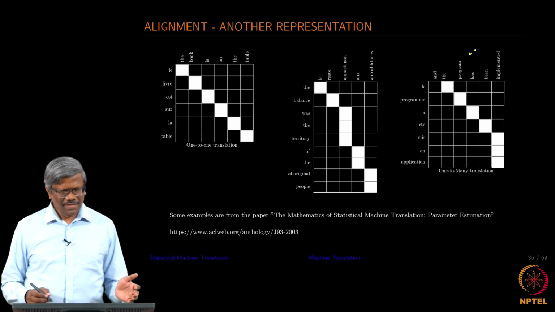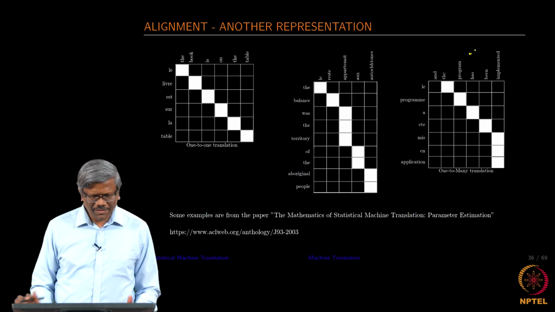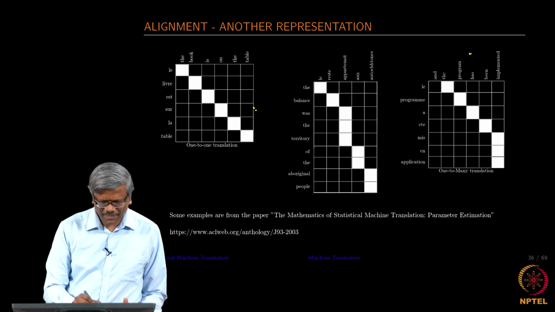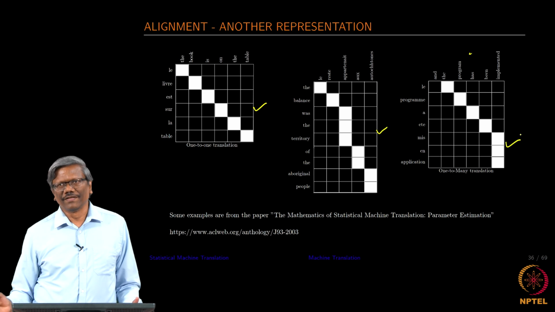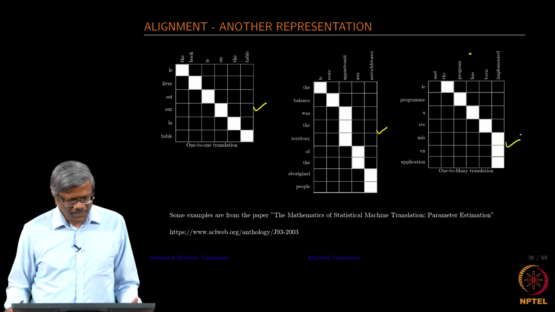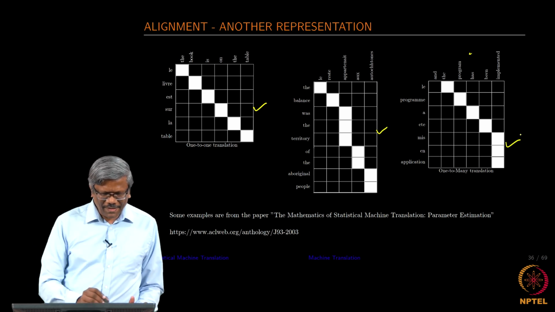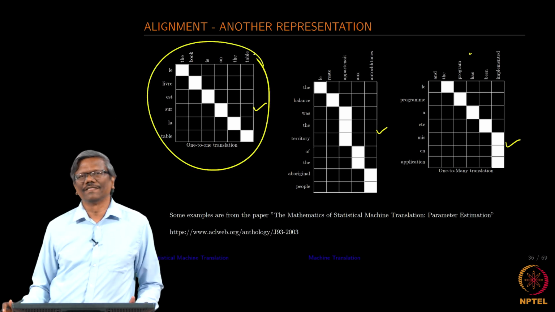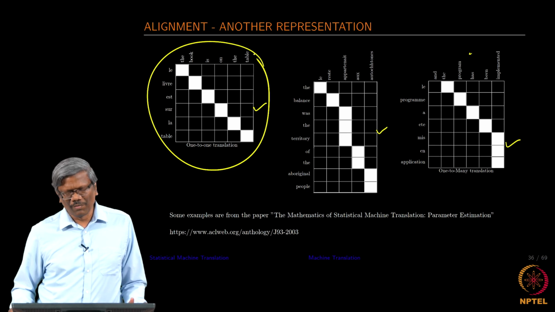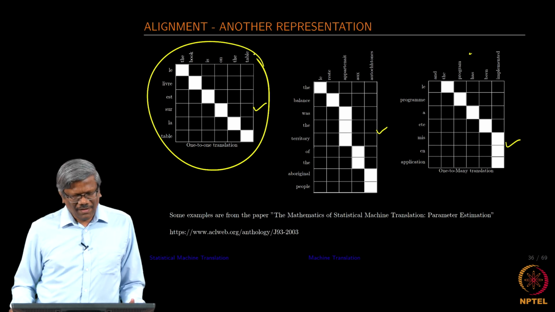So, in this case you can see that the alignments are one to one, and in this case it is one to many. Okay. Ideally speaking, if this is how we get the alignments in all these sentences, it will be wonderful, but it is not going to be the case.